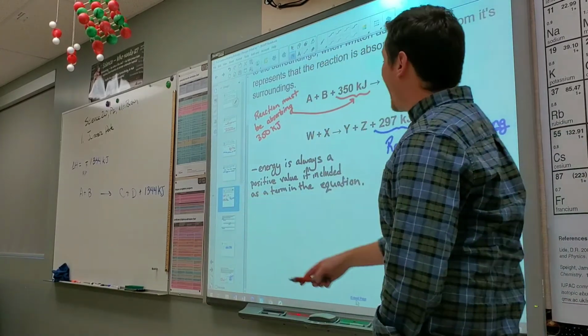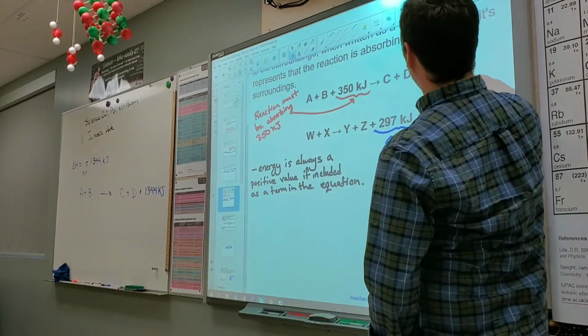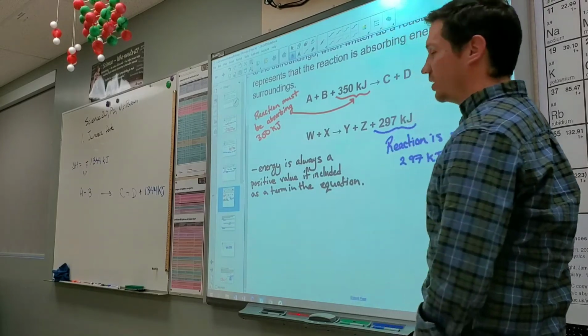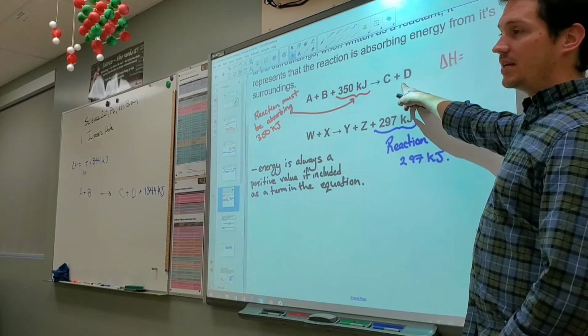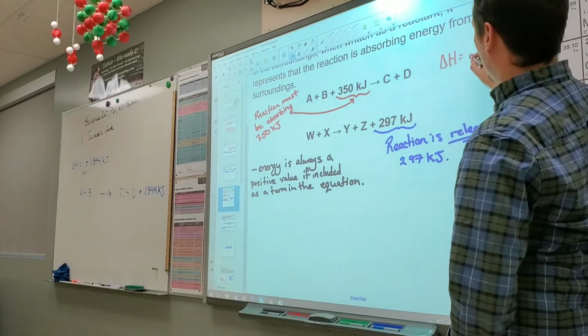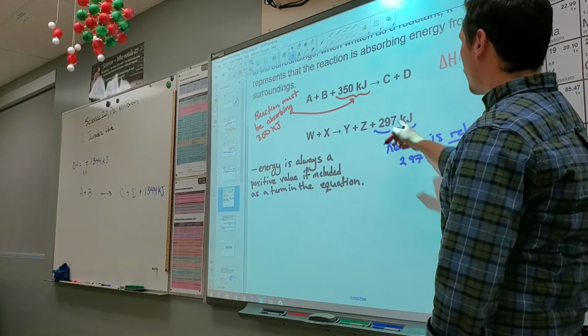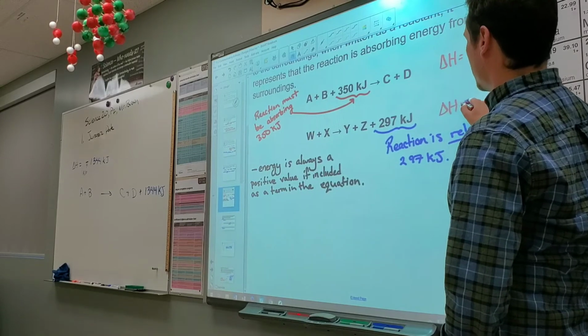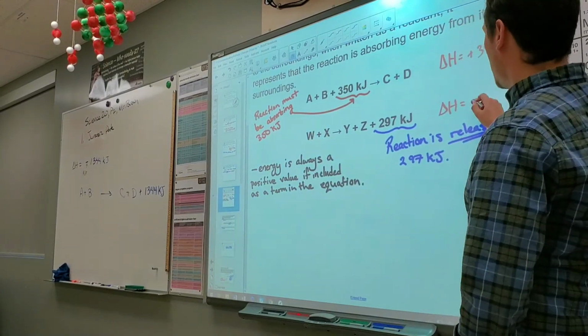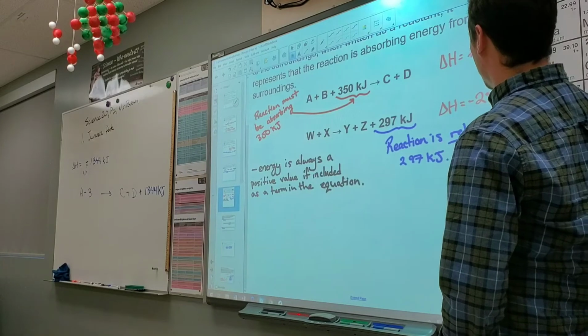So what I want to ask you is, the enthalpy for this particular reaction, is it positive or negative? It's positive 350 kilojoules. The enthalpy for this particular reaction, is it positive or negative? Negative. It's negative 297 kilojoules.